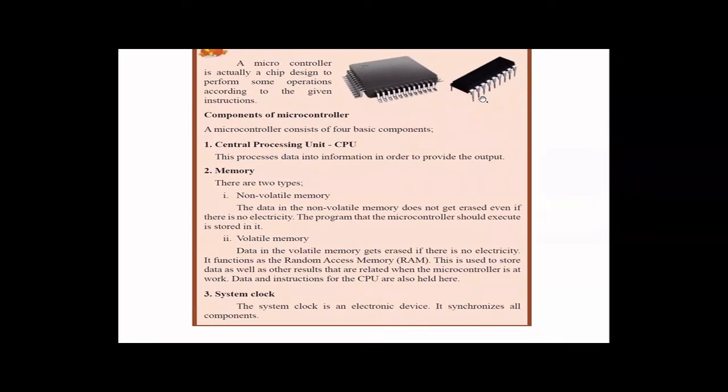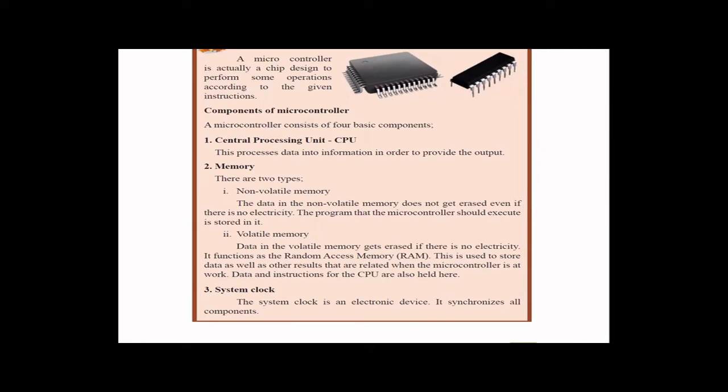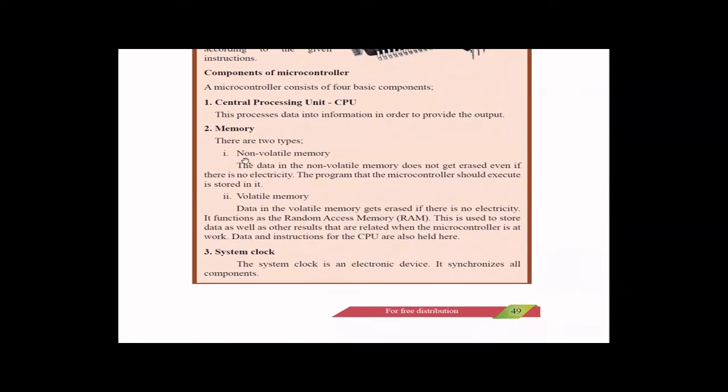In it, we have the central processing unit, or the CPU, as the computer itself. It does the basic processing. Then we have the memory. Hope you have already heard these two terms, non-volatile and volatile memory. Non-volatile means like the ROM, where even though electricity is not there, the data in it will not be erased.